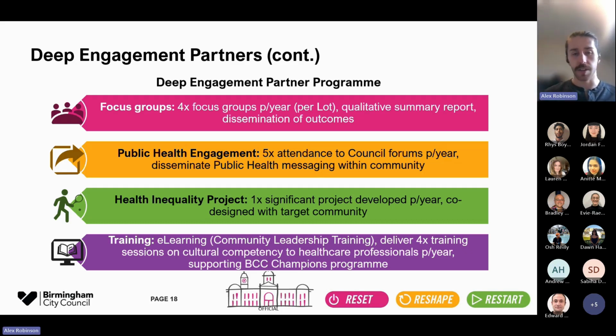So I mentioned the intersectionality between disability and the LGBTQ plus community. I think it's going to be important in this deep engagement partner work for our disability engagement partners and our LGBTQ plus engagement partners to work closely together. And the academic partner that we commission will provide support around training on focus groups, evaluation, research, that sort of thing.